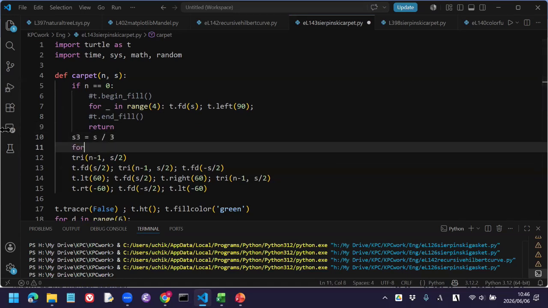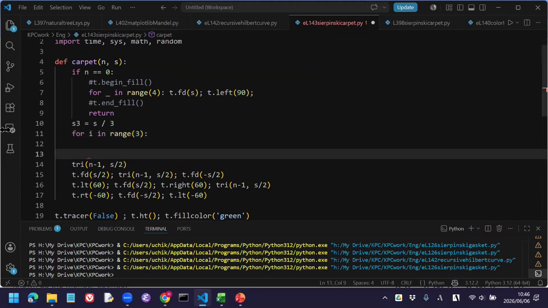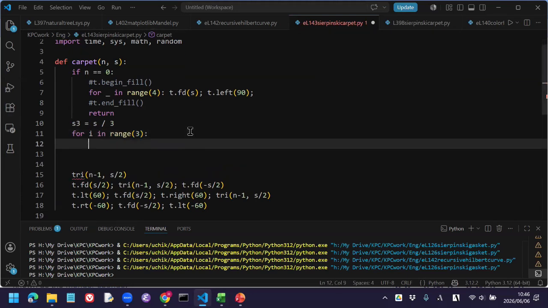Then we do a double loop in range 3, which will draw three rows, and in each row we draw three squares in horizontal columns.